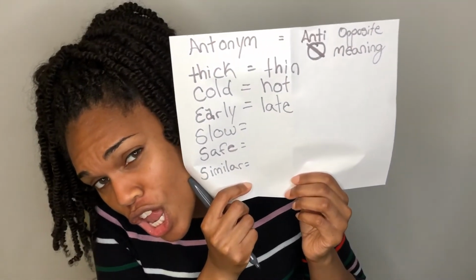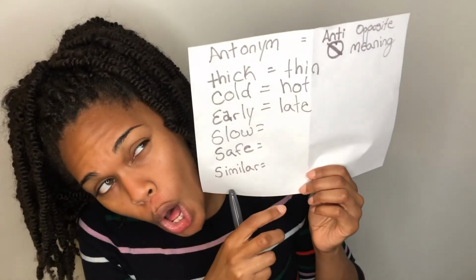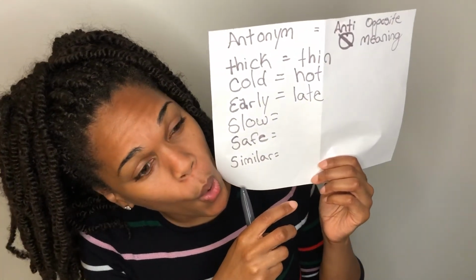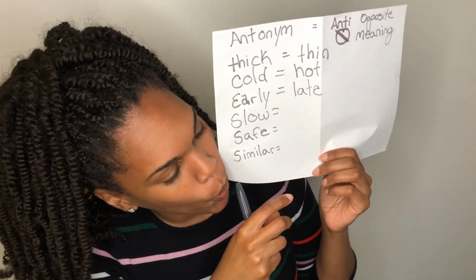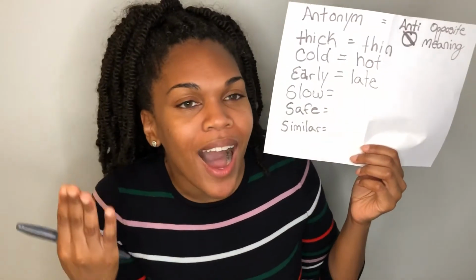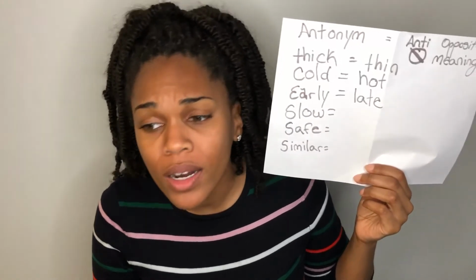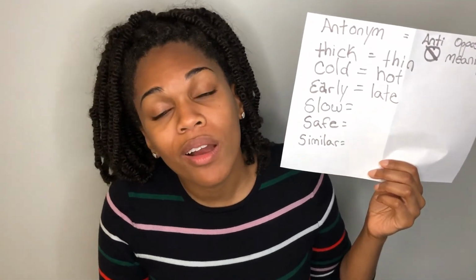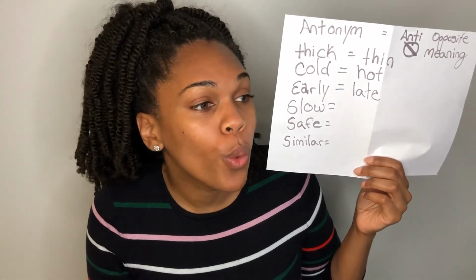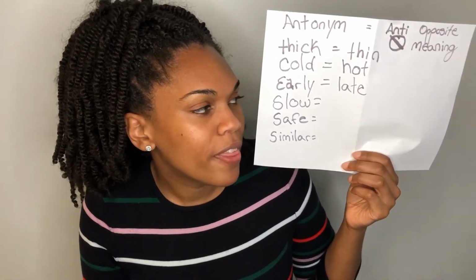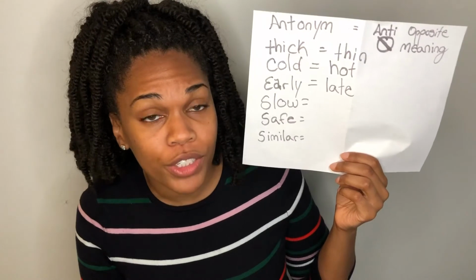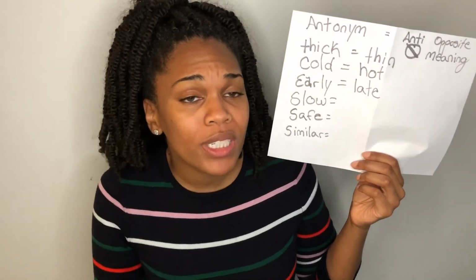Slow. What's the opposite of slow? If I see you walking down the street very slowly, but then there's a dog running after you, what are you going to do? You're going to need to move.